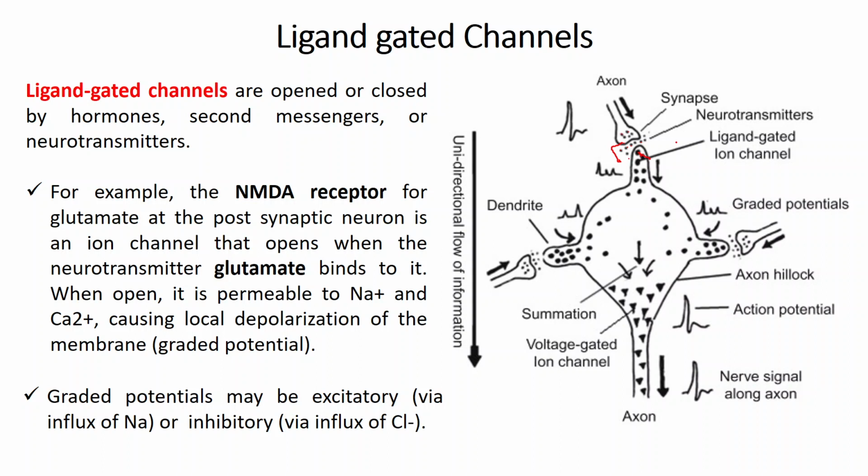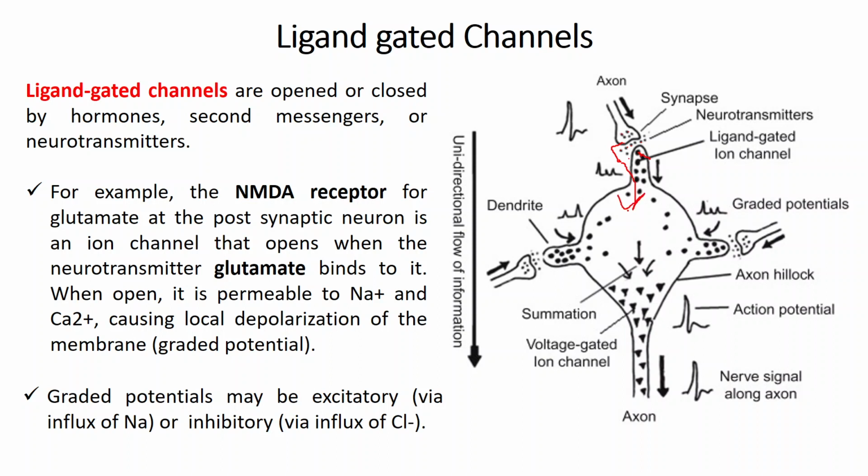An example of this is when the sending neuron releases glutamate. Glutamate will bind to an NMDA receptor, and the NMDA receptor would open and allow the influx of sodium to the inside, okay?